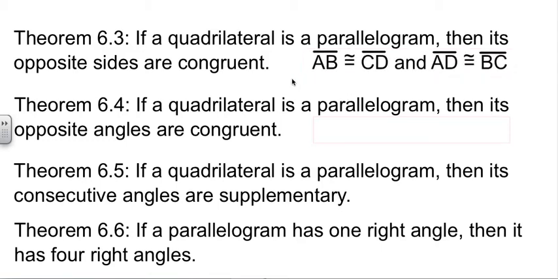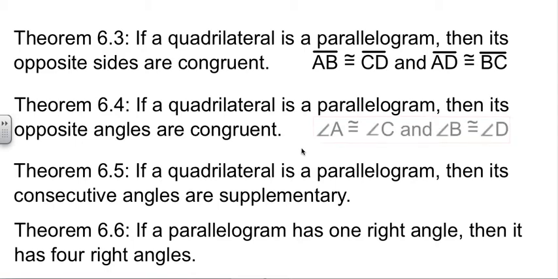So referring back to the one that you have on page 1 of your slide here on your note sheet, AB would be congruent to CD, and AD would be congruent to BC.